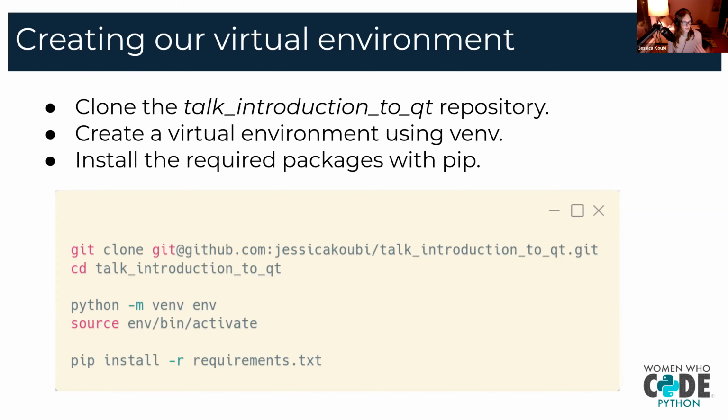Then go into the repository directory, and we're going to create an environment for it. And then we're going to use pip install to install the requirements which are in the repository.